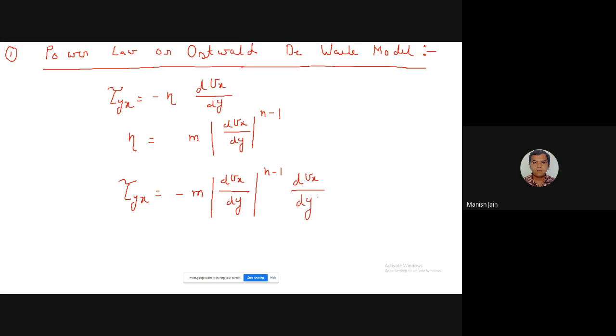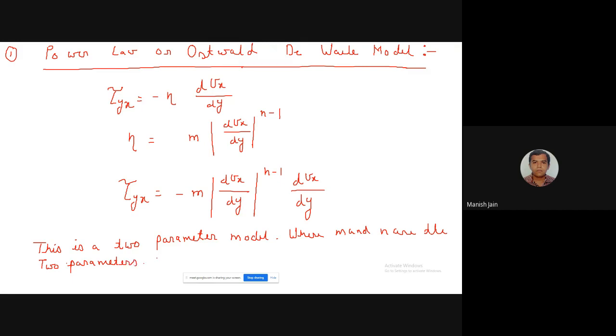This is also called the two parameter model. Why is this the two parameter model? Because here you have the two parameters m and n, where m and n are the two parameters and these are constants.